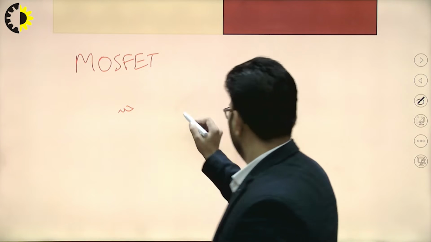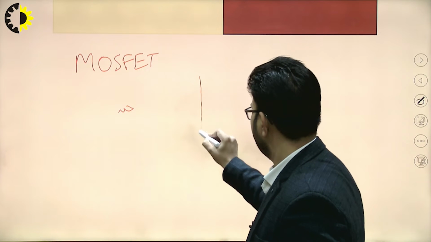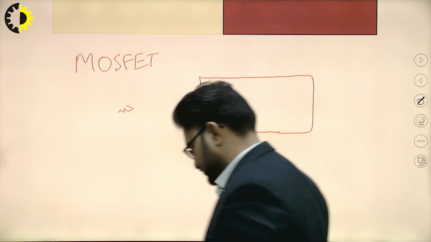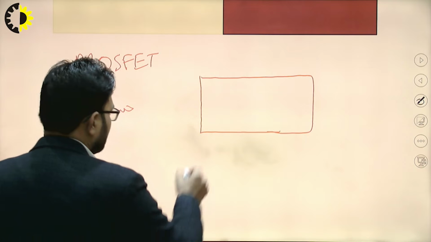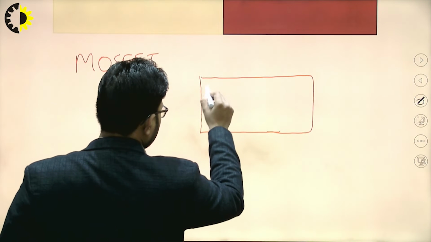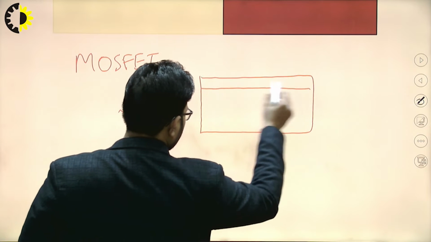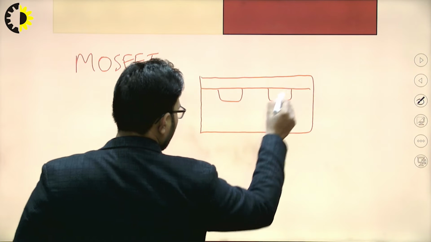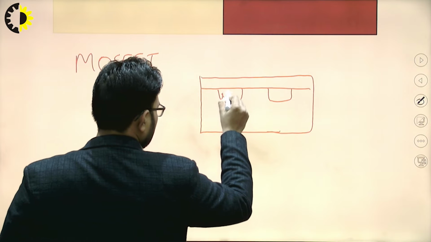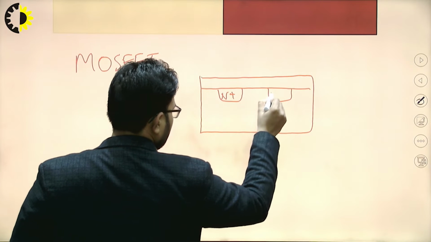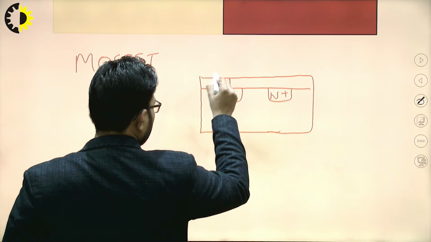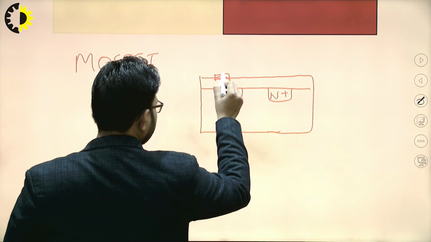So this structure is the MOSFET structure, as you can see. This is connected to the metal plate.